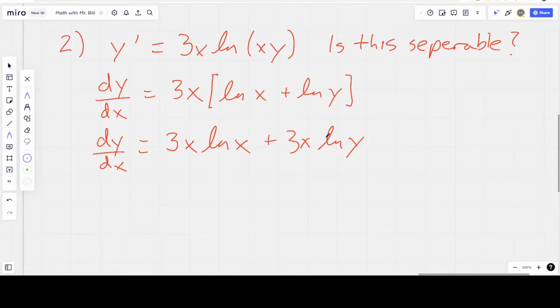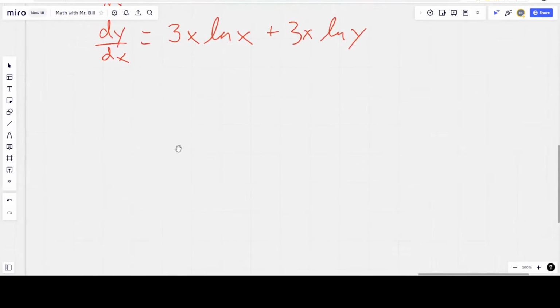If I move the dx over, there's really no way to divide by natural log of y without introducing it to the first term. And so this differential equation is not separable. We'll have to use a different method to solve it.